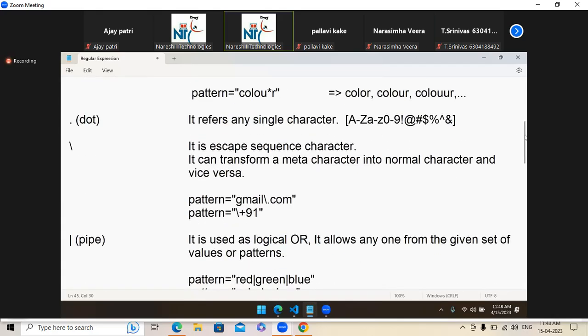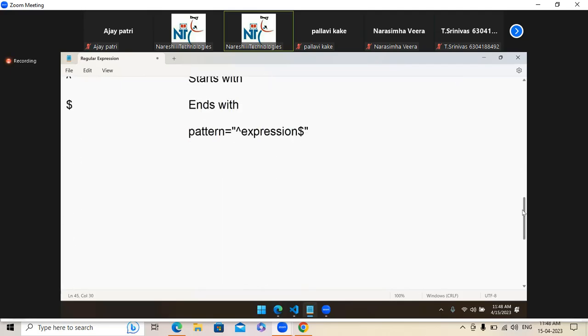Next, important, in the meta characters, we have D. But actually the problem is D is already an ordinary character. If I write D, it will take only D. But we write like this, /D. This indicates only numeric, a single digit number.